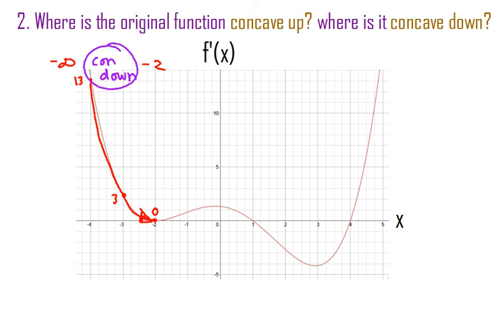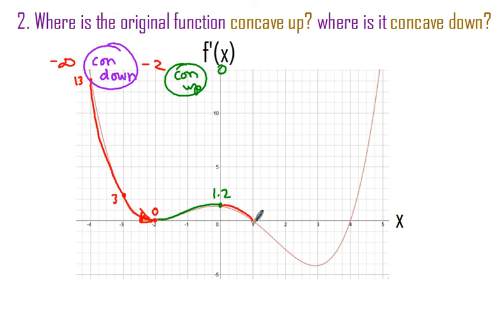All right, and then we'll do a little switcheroo here. Now I'm rising, getting higher, higher, higher from 0 all the way up to like 1.2 or whatever. And since the derivative is increasing there, we can infer that the original function must be concave up in that interval.